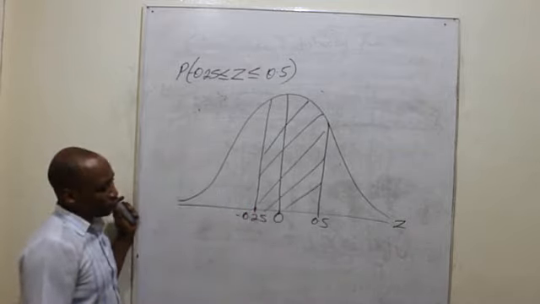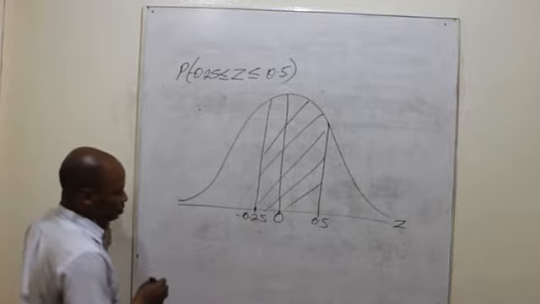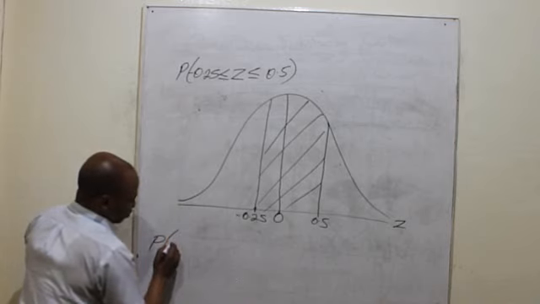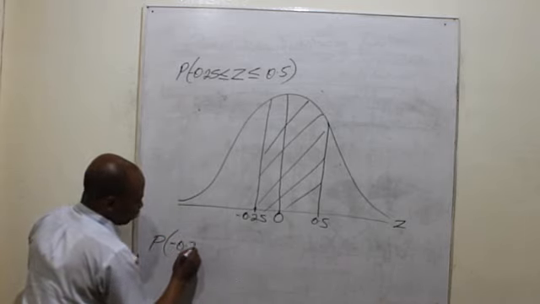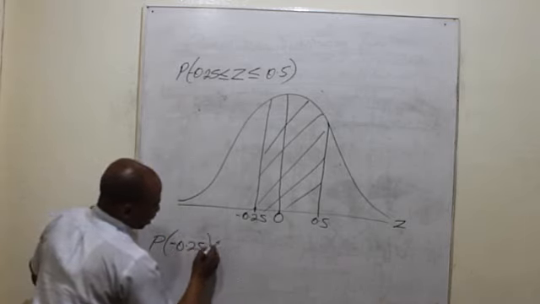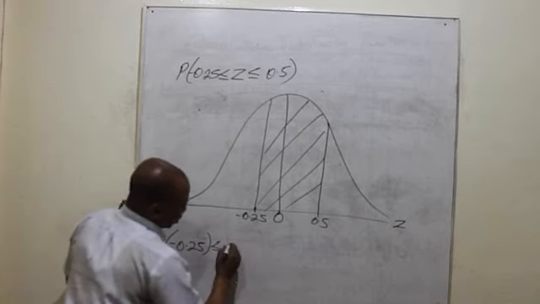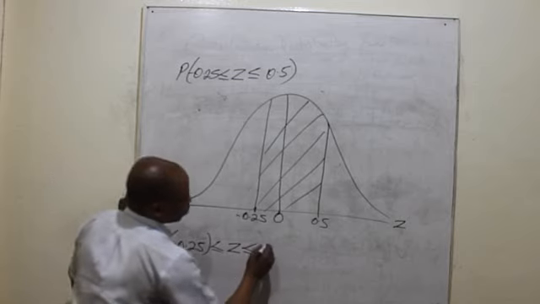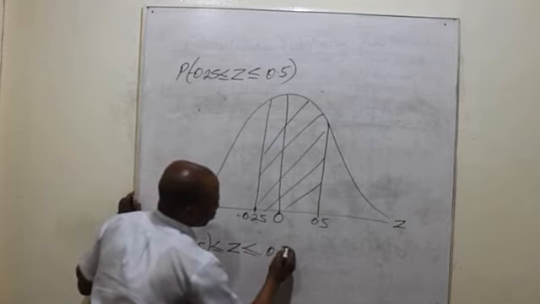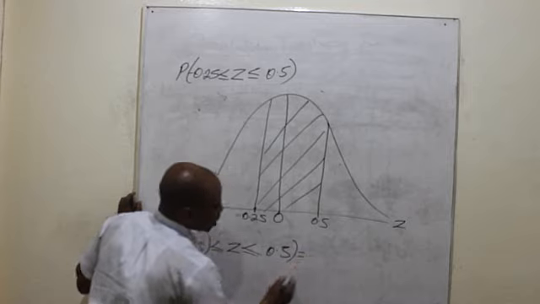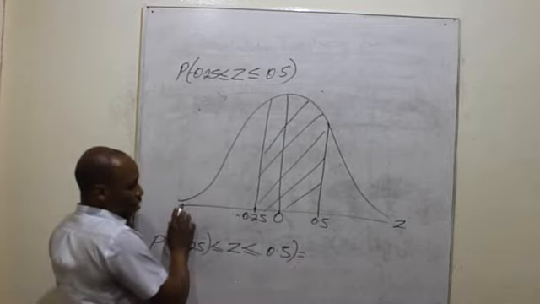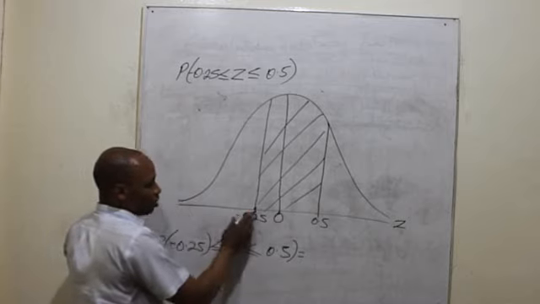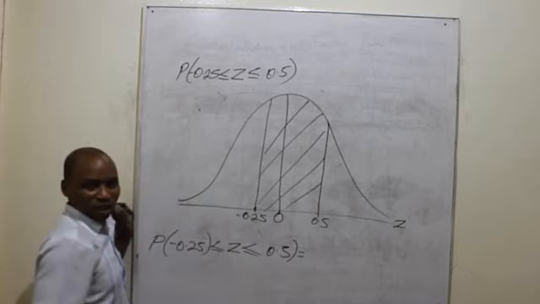So what do we do? As we did earlier, the probability of negative 0.25 be less than or equal to z, and z be less than or equal to 0.5 will be equal to the area from here to here minus the area from here to here, and that will give us this region.